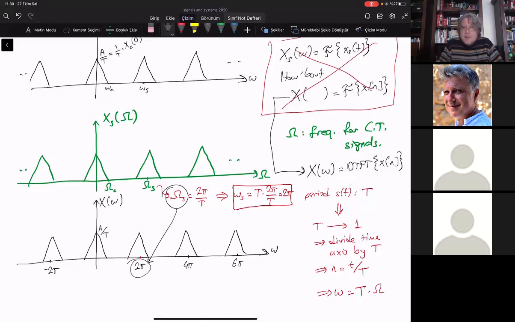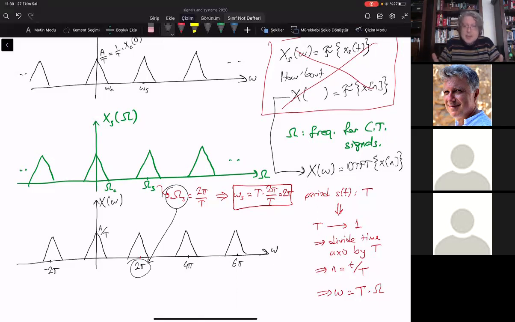We must make a final check whether this is an appropriate discrete time Fourier transform or not. So the question is, can this be the discrete time Fourier transform of a signal? And for that, you have to check one property. What's that property? It's the 2 pi periodicity of the discrete time Fourier transform.